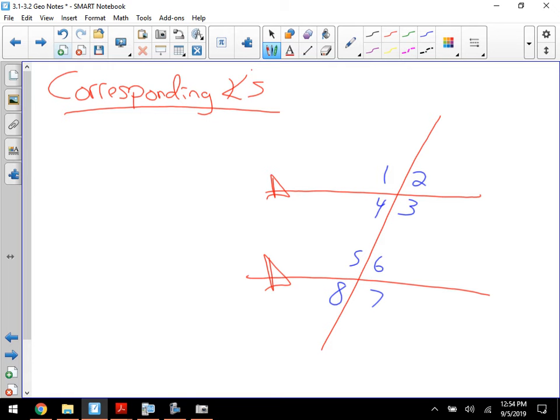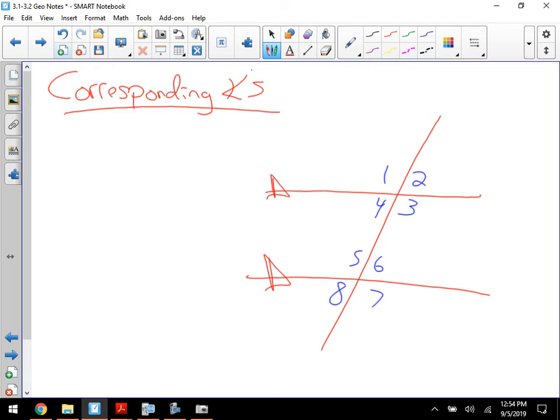What would you say that is? If I'm looking at the top line, this is just those 4 angles. Angle 1 is in what spot? Top left, isn't it? What other angle on this line is top left? 5. What angle corresponds to angle 8? What angle corresponds to 6? 2. So we're going with that.